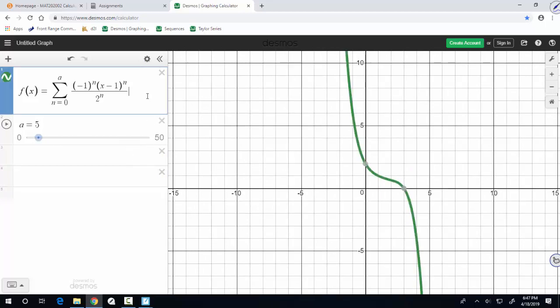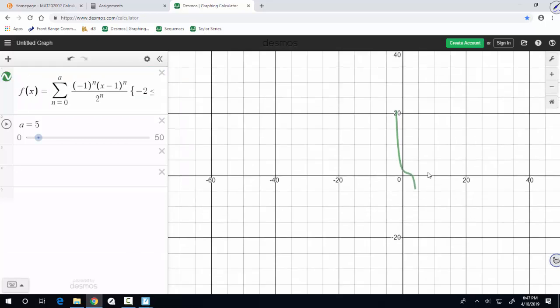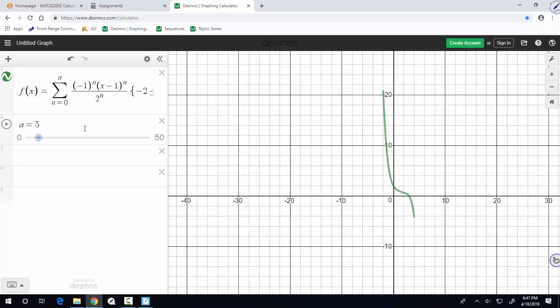And perhaps we can plot this from -1, but let's go from -2 to 4, or something like that, just to see if that kind of helps our vision. But when we start adding more and more terms, we see that function, or that series rather, is kind of squeezing into its domain, right?